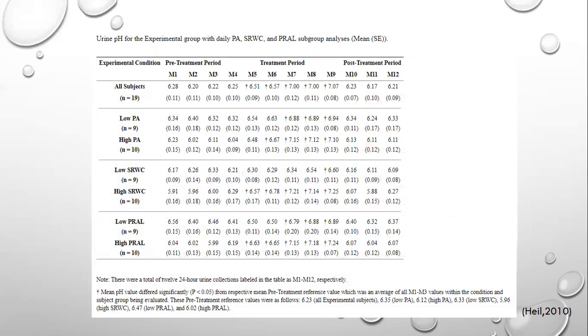It looked at how consuming alkaline bottled water can affect our pH, and, having learned about these buffer systems, I think about how it affects them. Obviously when we're changing the pH of our body fluids, these buffer systems are going to react to this. So it's interesting to look at.